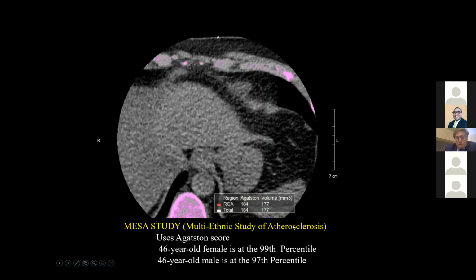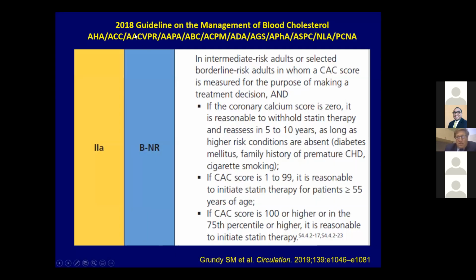So what do we do with this score? Do we put this patient on a lifelong statin? Well, the guidelines have evolved over time, and they continue to evolve rapidly. This is from the 2018 AHA-ACC guideline. Again, in intermediate risk adults or selected borderline risk adults in whom a calcium score is measured for the purpose of making a treatment decision: if the calcium score is 0, it is reasonable to withhold statin therapy and reassess at 5 to 10 years, as long as certain high-risk conditions are absent: diabetes, family history of premature coronary disease, cigarette smoking.